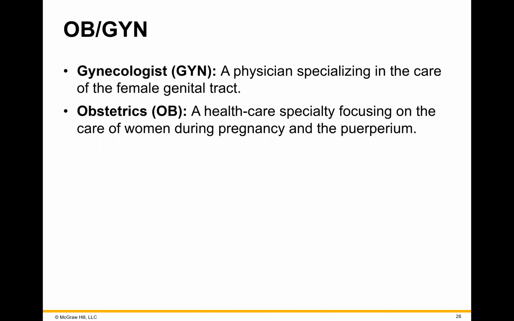And then we have encounters for GYN care. Anyway, GYN, OB, we use these things interchangeably. Some physicians do both. Some, for instance, some in Kaiser just specialize in one. We can have GYNs who specialize in the care of female genital organs, or the obstetricians, which are the specially trained physicians who deal with delivering babies in the postpartum period.